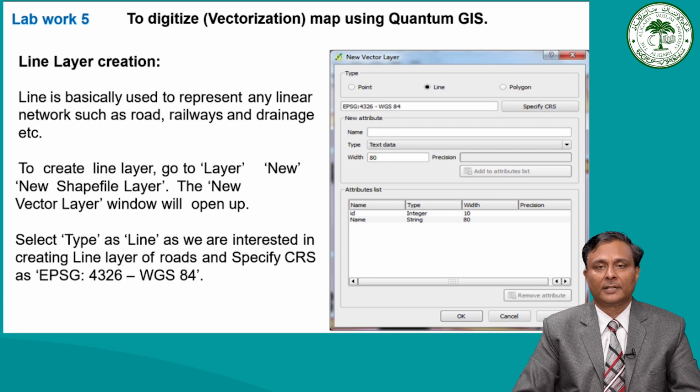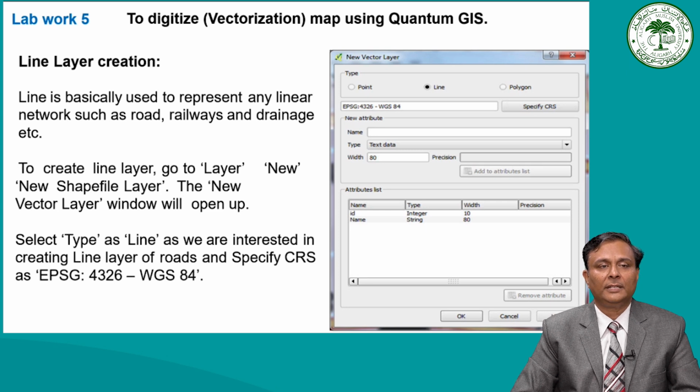A point does not have any length or width. A line is a linear feature. So all the linear features, for example, road, railway line, drainage, are linear features. That is what we would be representing now, digitizing, or in other words, vectorizing the map using the QGIS software.